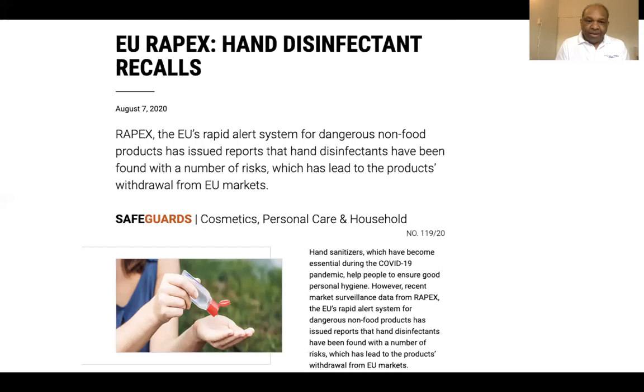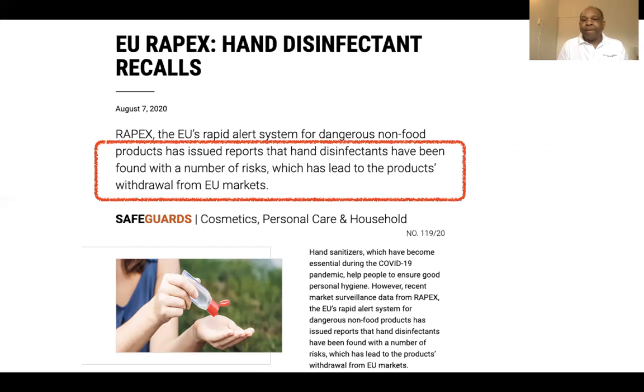For example, in the EU, RAPEX, the Rapid Alert System for Dangerous Products, has recalled many of the products because they are either inferior or they may be a risk to patients.